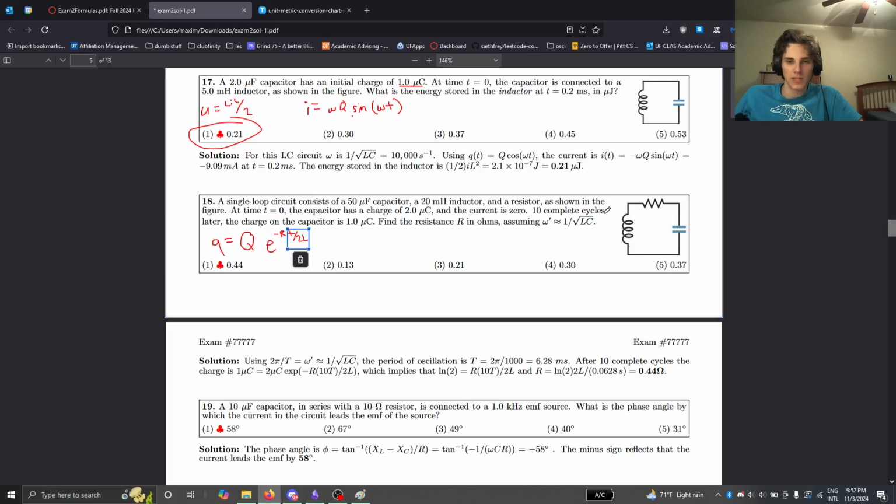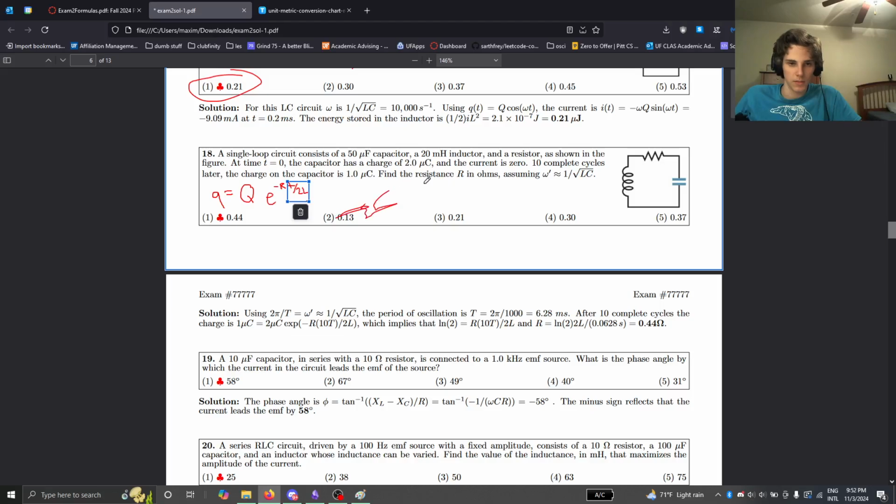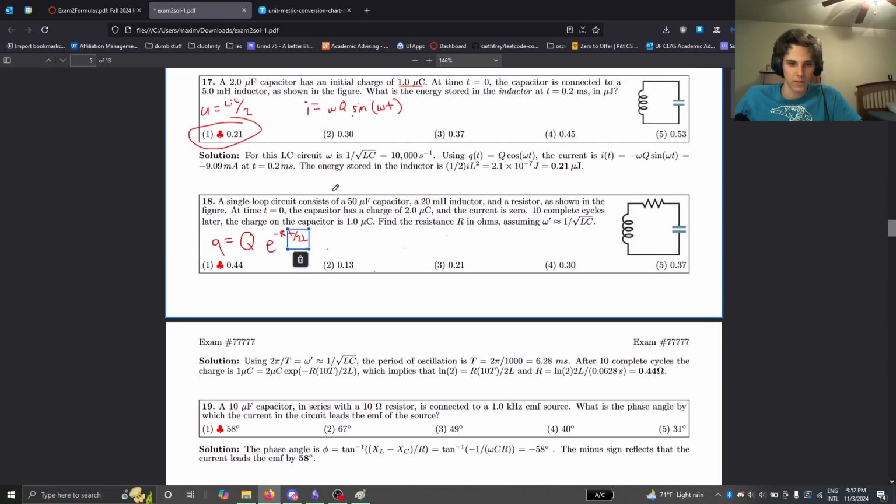So how do we convert 10 cycles into a usable T value, time? What is happening? Why is that selected? That's annoying. That is weird. Well, that's a good question. 10 complete cycles.